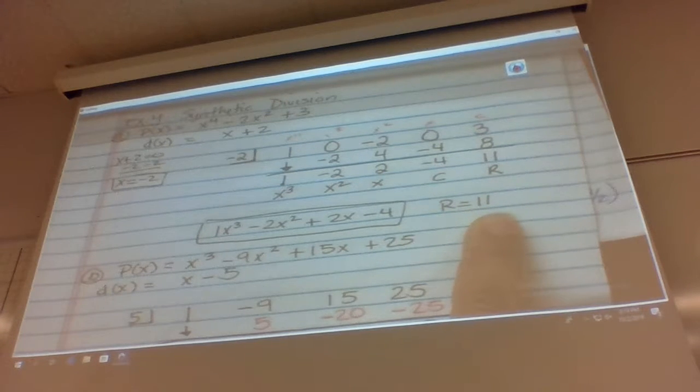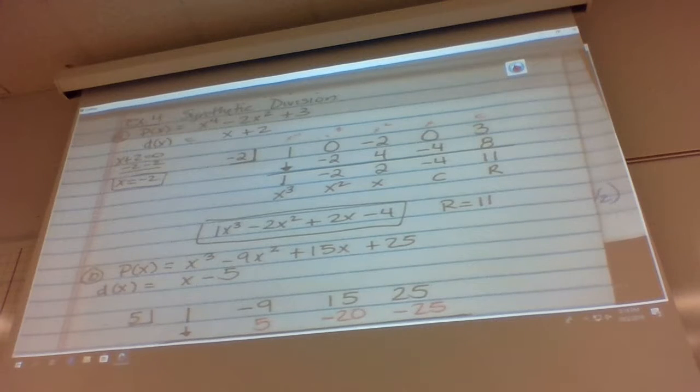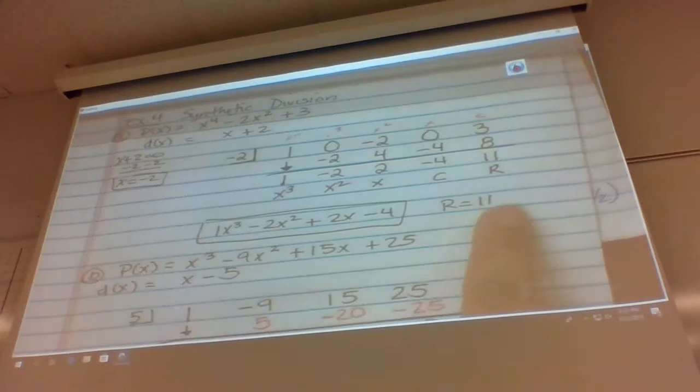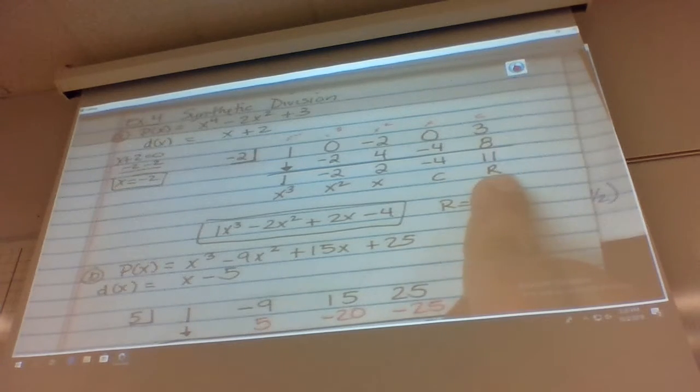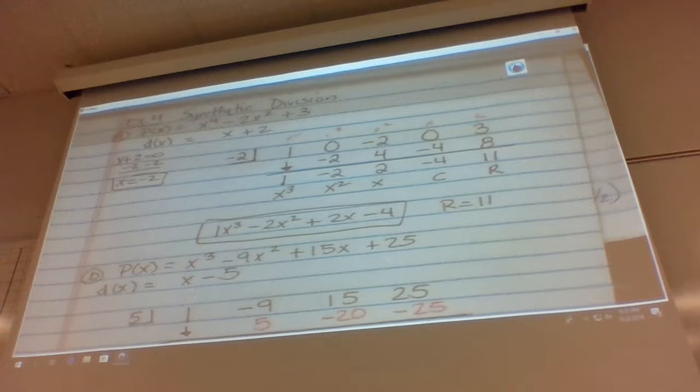This one is not going to cross at -2 because this is not a 0. Once again, if your remainder is 0, then it is a factor. That's how simple it is. Don't stress out. If the remainder is 0, then the factor they give you is a factor. It is an actual answer.